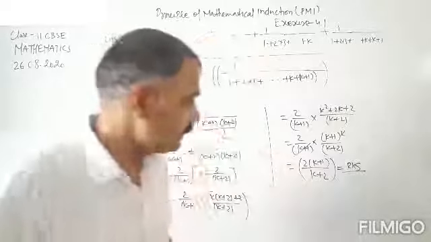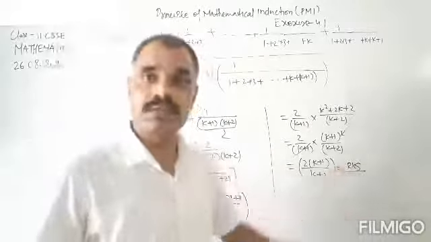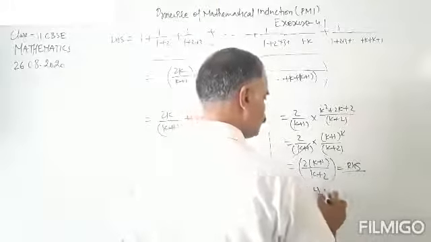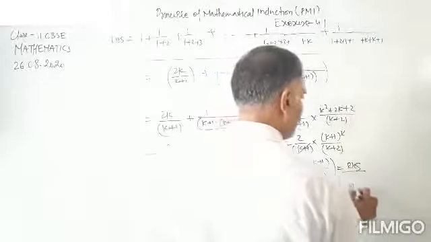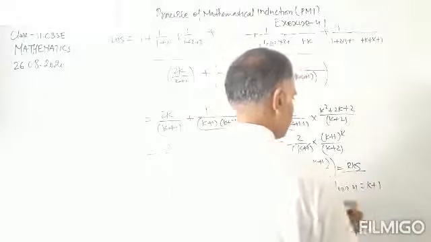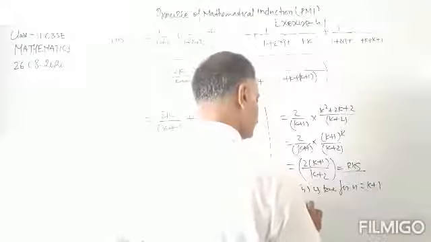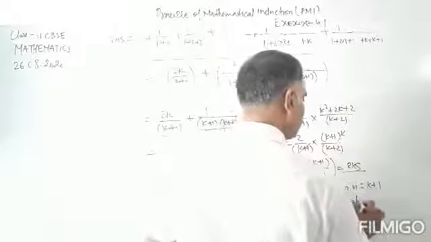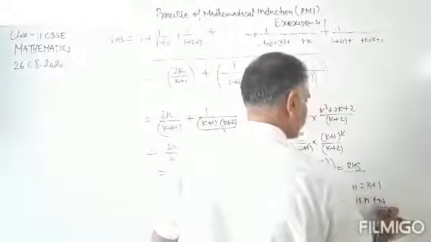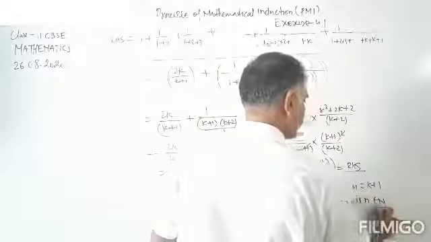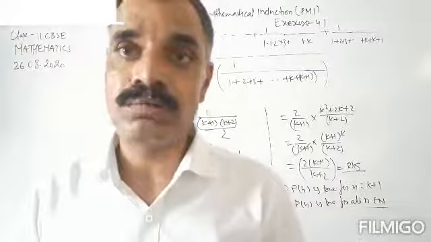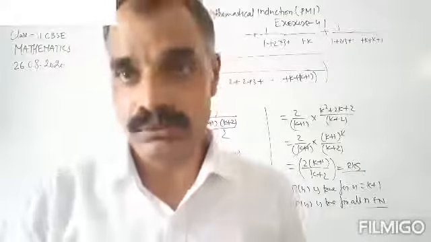So the given statement is true for n equals k plus 1, which implies that Pn is true for n equals k plus 1, that is, Pn is true for all n belonging to natural numbers. Okay, so this was question number 3 of exercise 4.1. Okay, thank you.